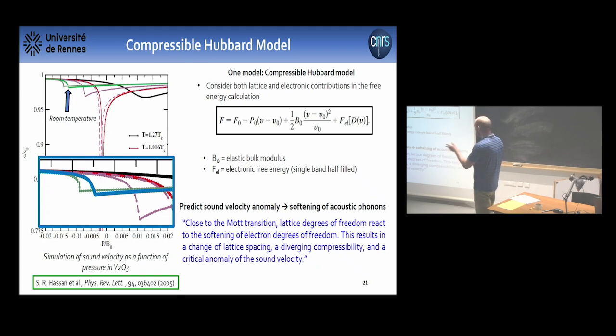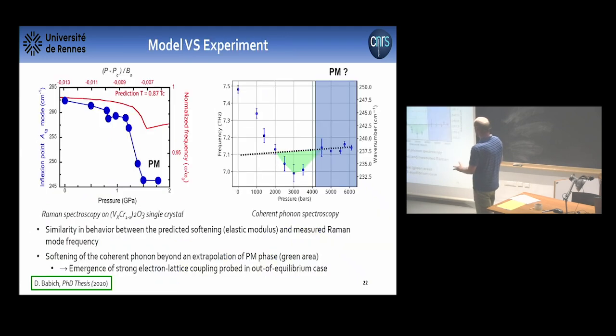So still, I have to remind you that in our case, it's slightly different, because what we're probing is not directly the sound velocity, but the frequency of the A1g mode probed through the coherent phonon mechanism. Nevertheless, there are still good similarities, let's say. So if I try to put the two together, on that side you see the prediction made by Antoine Georges and co-workers.